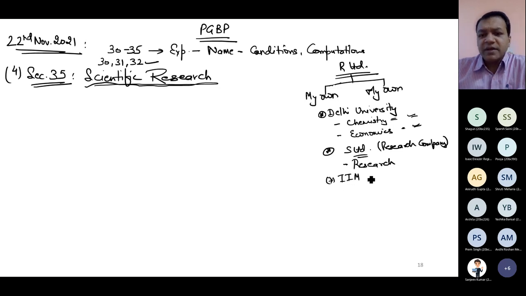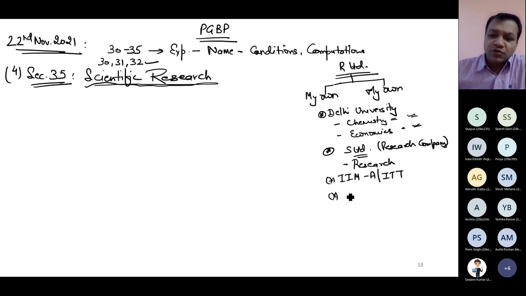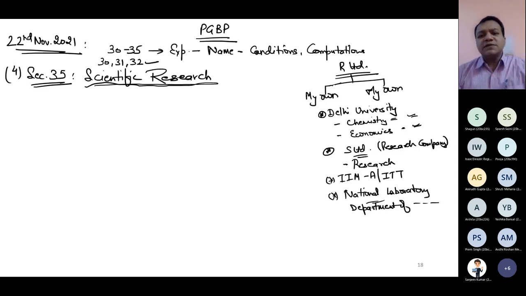Research might be going on in IIM Ahmedabad, in IIT, in some universities or institutions, in national laboratories, in the Department of Atomic Energy. So there are so many places where research is still going on.